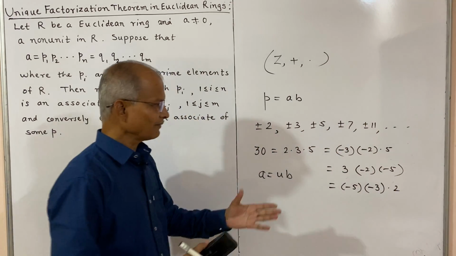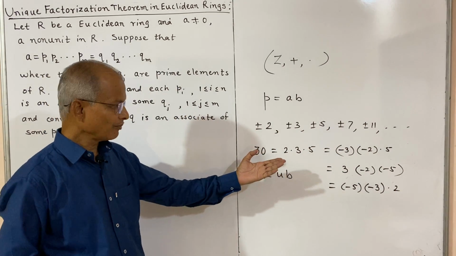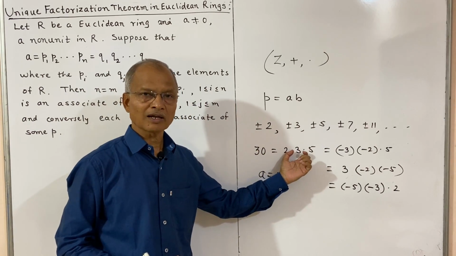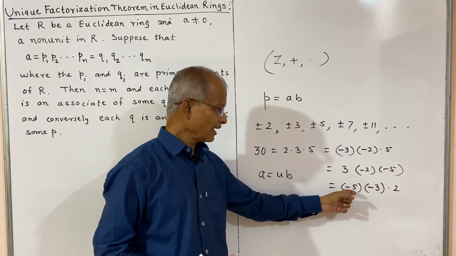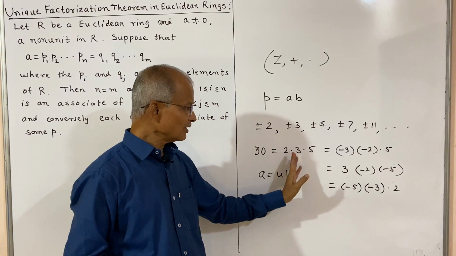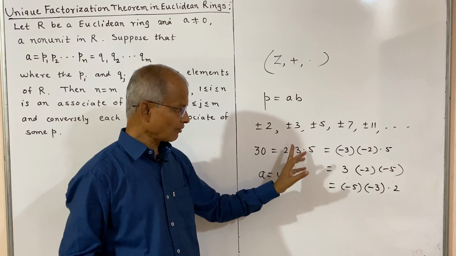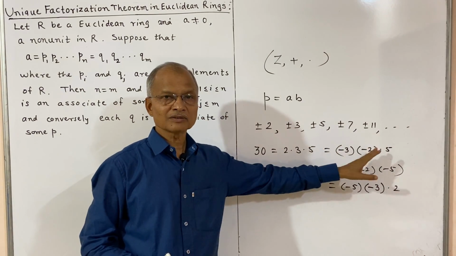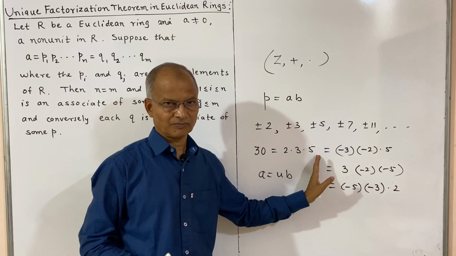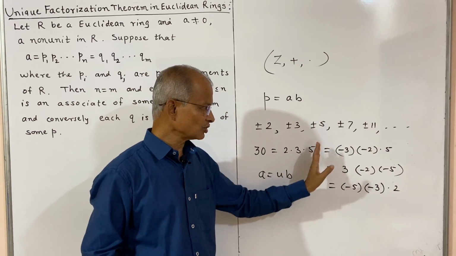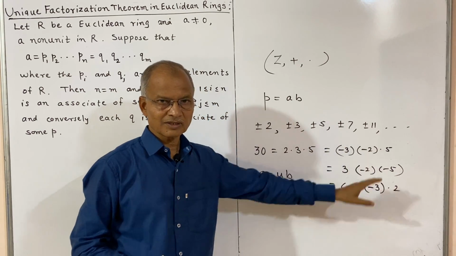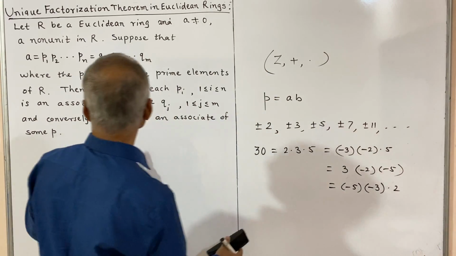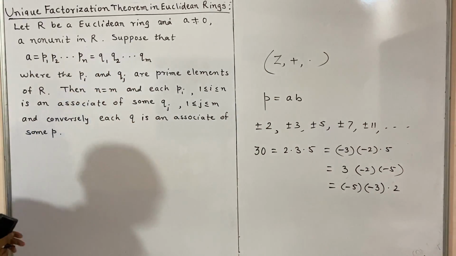So these are different expressions, but the number of prime elements is the same, 3, and the relation is that the prime elements in one expression are associates of the prime elements in the second expression. Some prime is associated with another prime in the second expression. So this is the meaning of the theorem in these two expressions. Now we shall prove it.